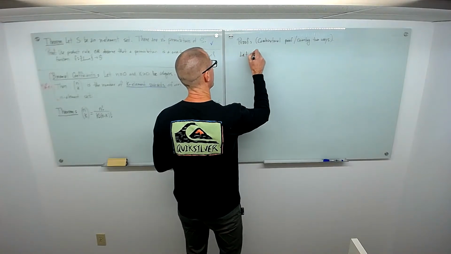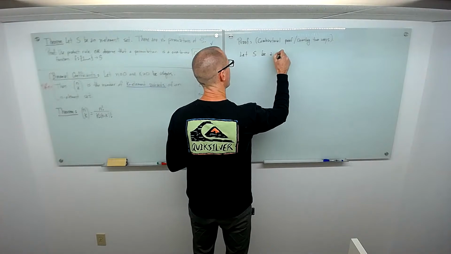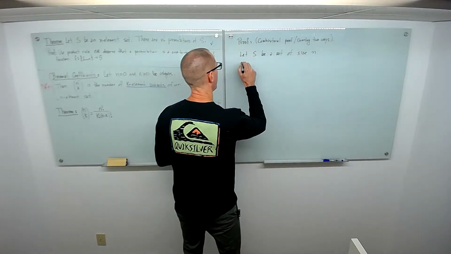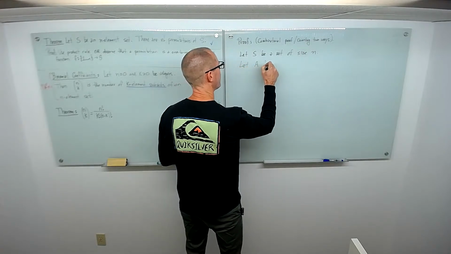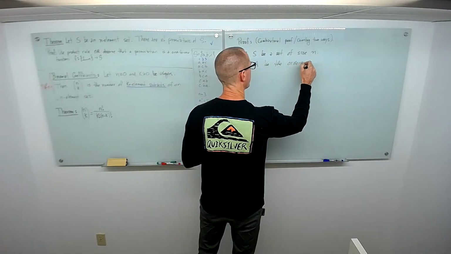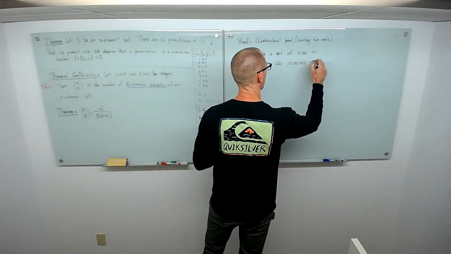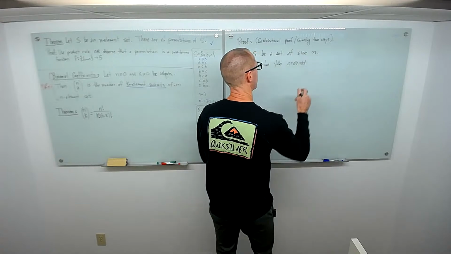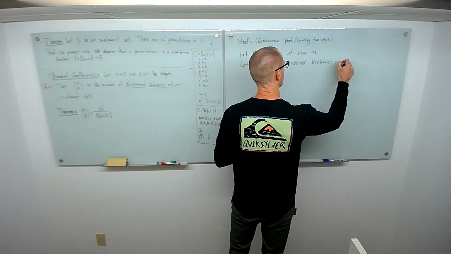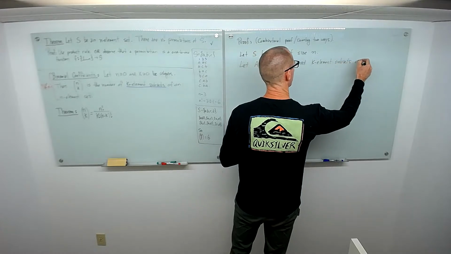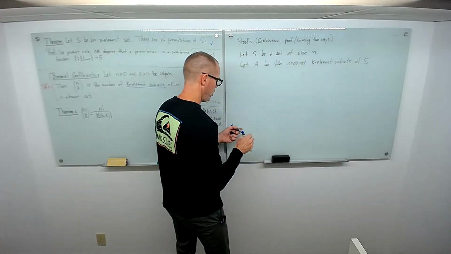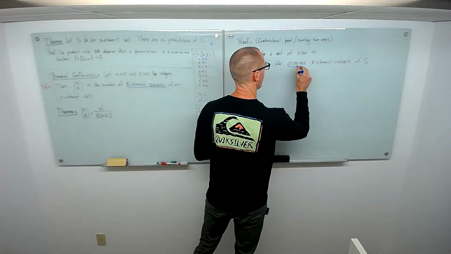Let S be a set of size n, and let A be the ordered K element subsets of S. And the key word here is ordered.